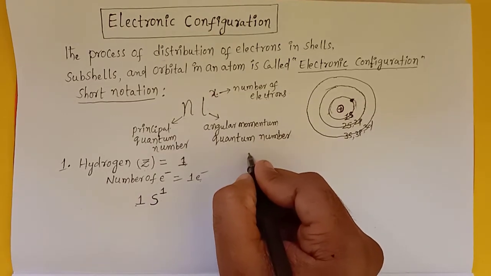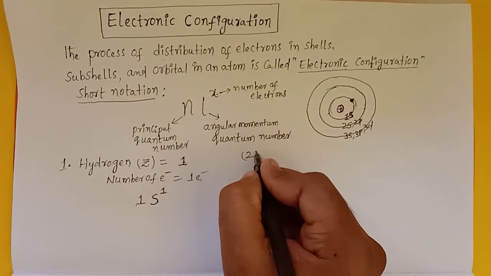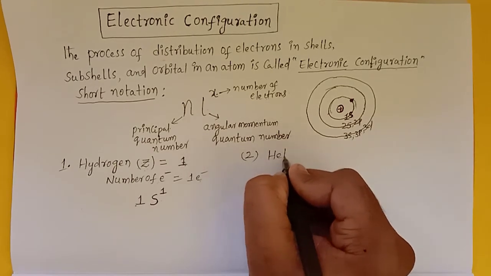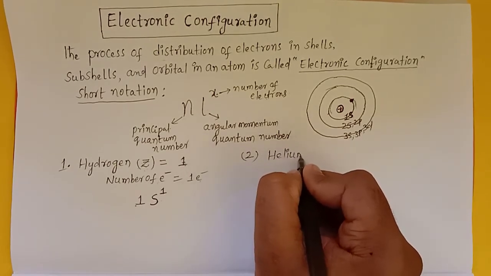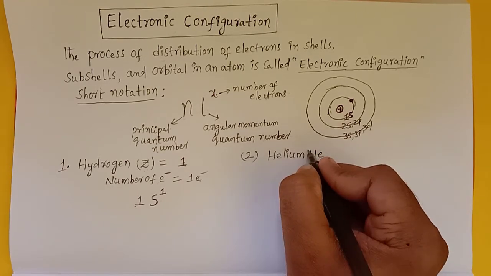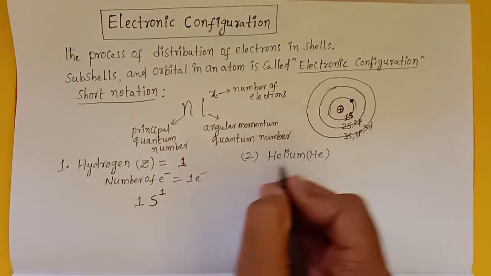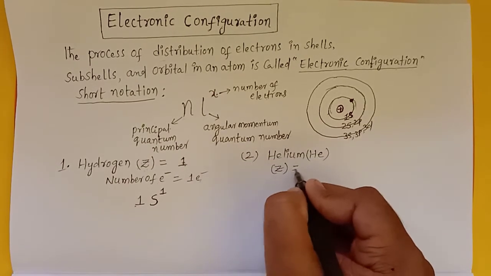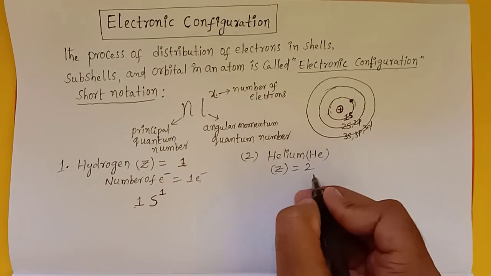So let us discuss the electronic configuration of helium. Helium discuss cheddam. Helium, He is the symbol. What is the atomic number of helium? Second element. So atomic number is 2.